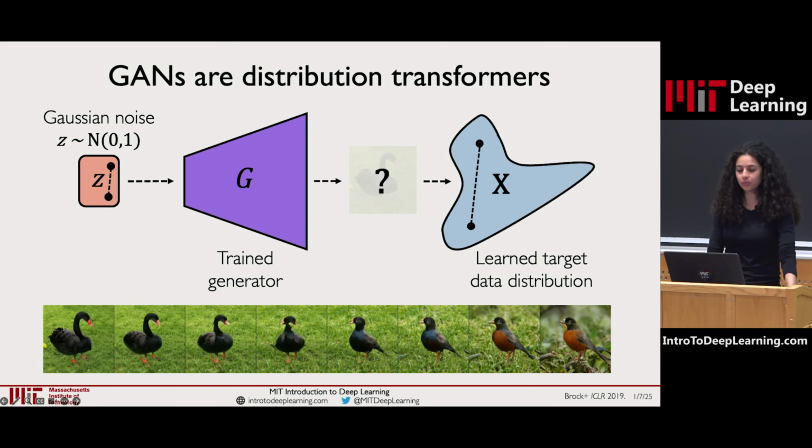And as you can see, the results are striking, where we can see very concretely a transformation in series that reflects an interpretable traversal of the data space. And so this is really a powerful concept that gets at this notion of distribution transformation.